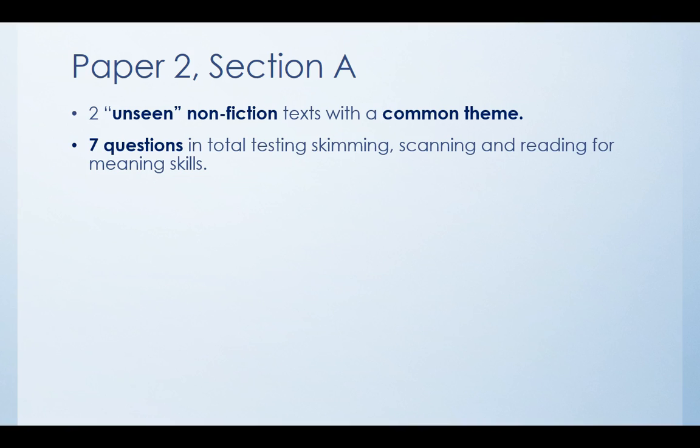There are 7 questions in total in section A, and they are testing your reading skills. They're testing 3 distinct reading skills: skimming, scanning and reading for meaning. Because they're testing your reading skills, the examiners will not be looking at your spelling, your punctuation and your grammar.